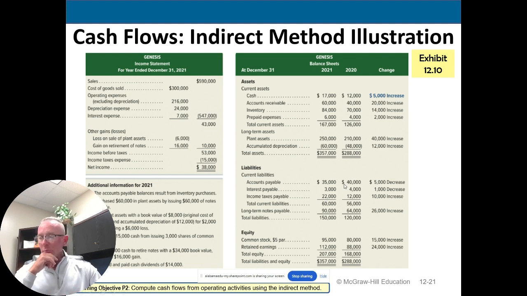All right. So for accounts payable, if I started with 40,000 and I ended with 35,000, what I always think of is if I had 40 and I know that I have some purchases this year because now I've already seen my inventory go up, what I did was I took this year's money, this year's net income, and paid off last year's bills. Not only did I pay off what I bought this year, I paid off some of last year's too.